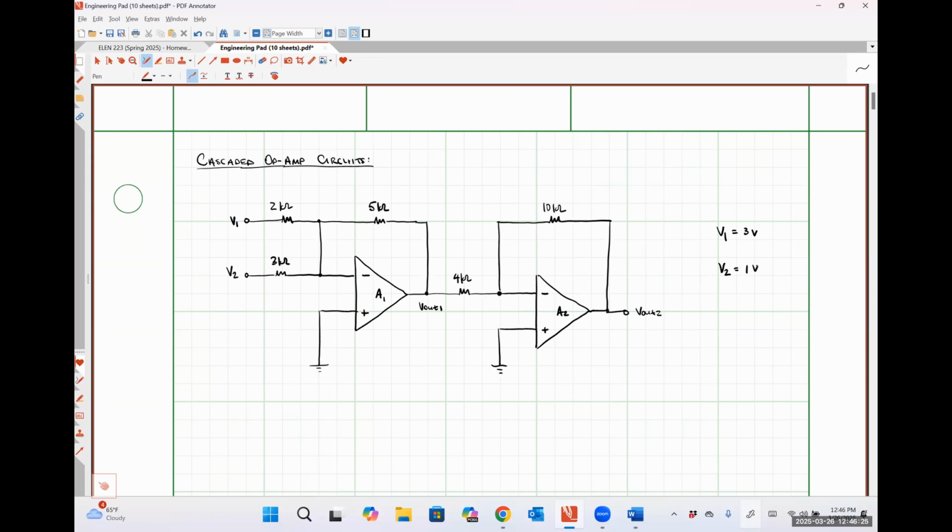So say, for example, that I wanted to take the integral of 2 different signals and then add the results of those integrations together. I would need, in my first stage, integrating amplifiers, and then in my second stage, I would need a summing amplifier. So I'm performing multiple mathematical operations by chaining these op-amps together, okay?